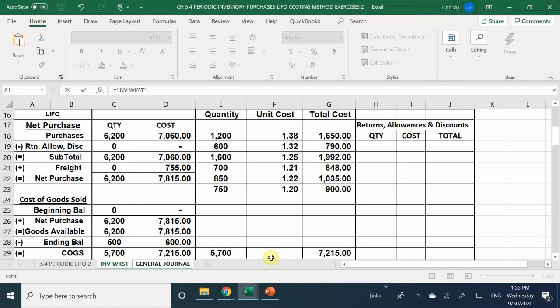Let me ask the question again. We originally bought 6,200 items. Now that we're converting it, can we safely assume that we're going to transfer all 6,200 into my inventory?